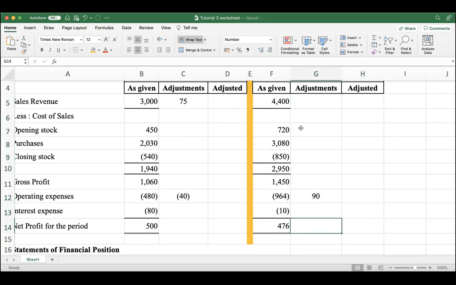Operating expenses decrease by 90. Right. Then let's see the next one.